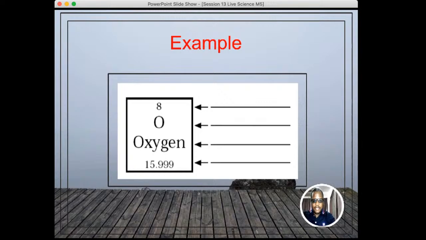In the example that appears on the screen, the atomic number appears at the top. O stands for the symbol of the element, and the element name is oxygen. The mass number, or the atomic mass, is equal to 15.999, which is more or less equal to approximately 16.